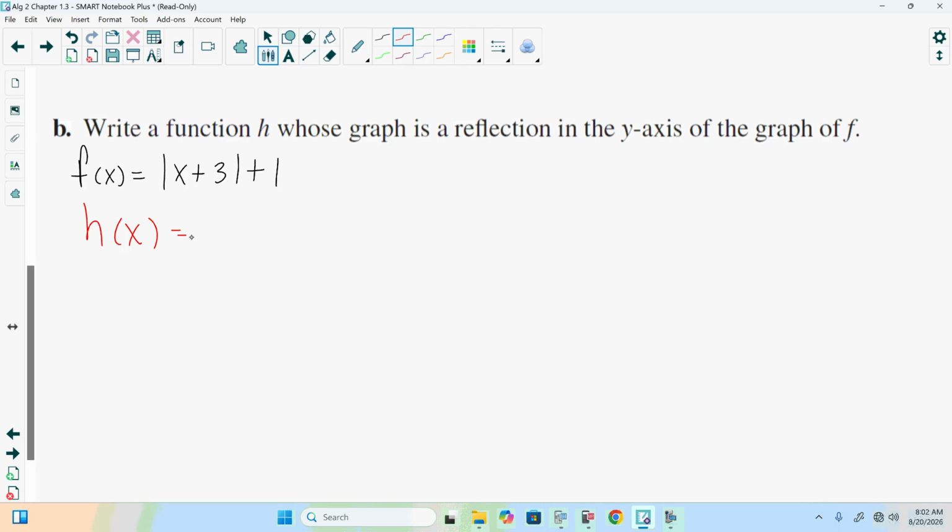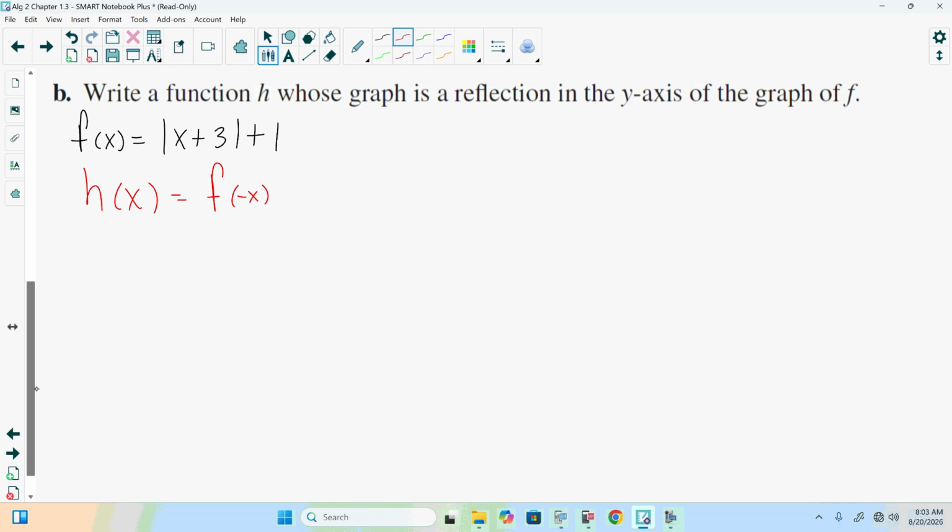And the general form for reflection in the y-axis is our f of negative x. Now, just like horizontal translation or left-right movement, if you notice, we don't have f of x anymore.